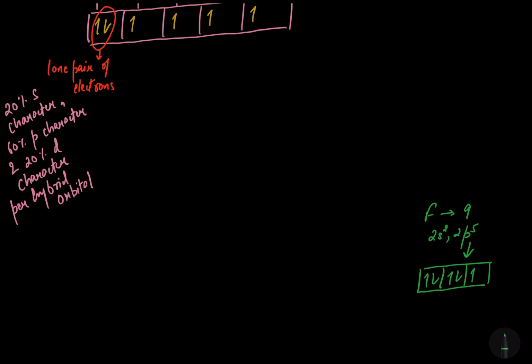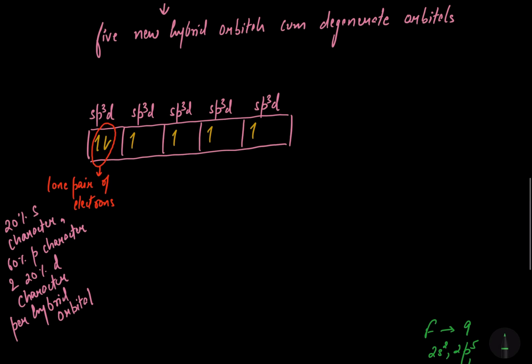Now, in case of 2p5 in fluorine, we are left with one orbital which is having one electron, and that orbital is going to overlap with the hybrid orbitals of the sulfur for the formation of a sigma bond. That's the 2p of first fluorine. Now it's 2p5. So first electron, second, third, fourth, fifth.